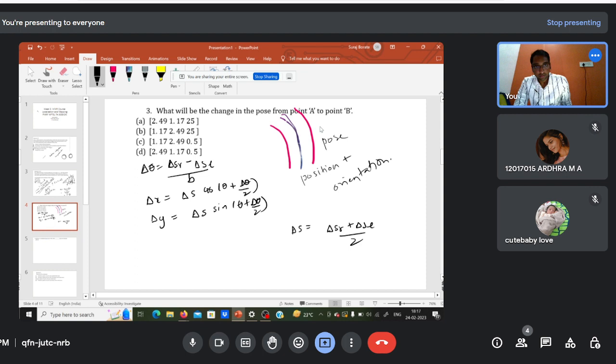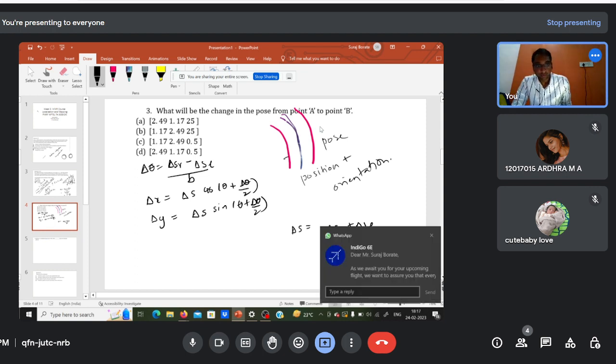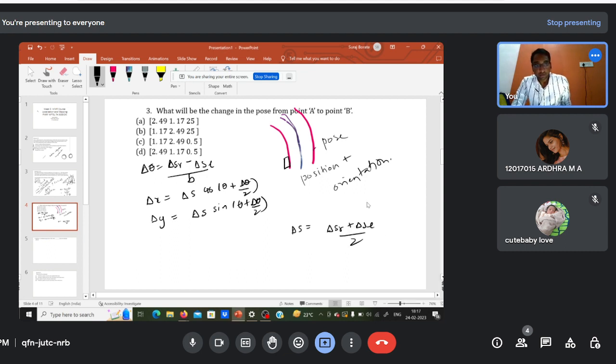Let's say the blue line is the distance traveled by the centroid. This is the left wheel, this is the right wheel, this is our robot. Let's say our body frame is traveling in this way, and this is the current theta, and this is our point, let's say A, and this is the B point.